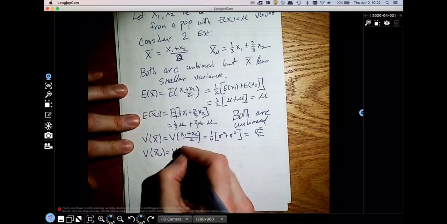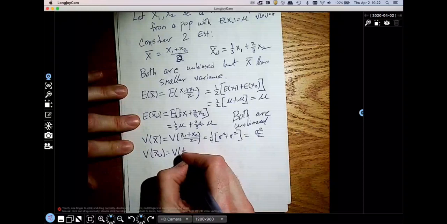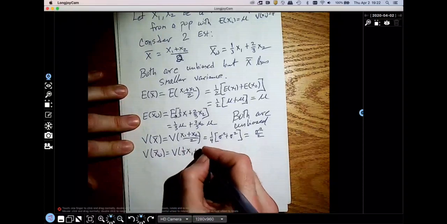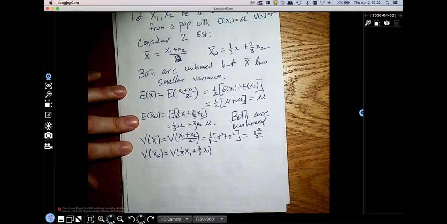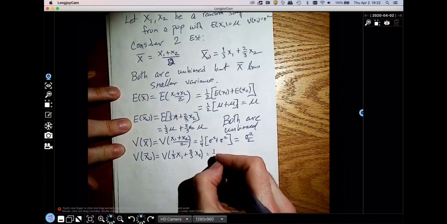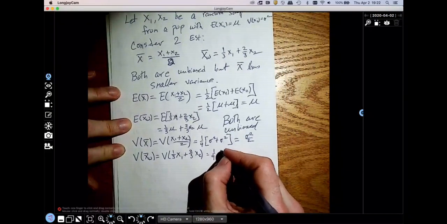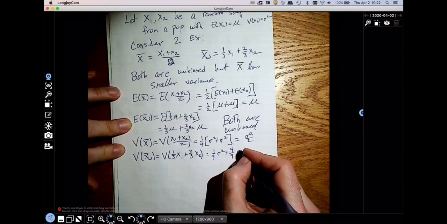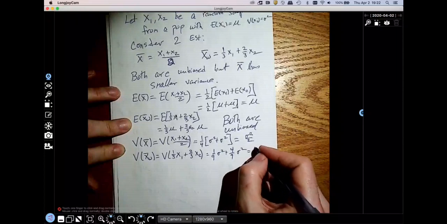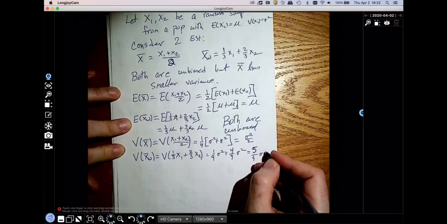So this would be the variance of 1/3 x1 plus 2/3 x2, which is 1/9 sigma squared plus 4/9 sigma squared, giving 5/9 sigma squared.